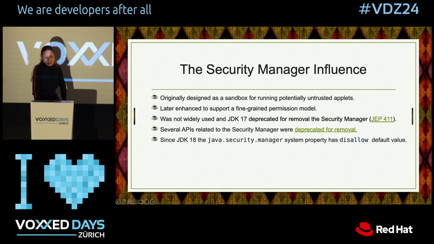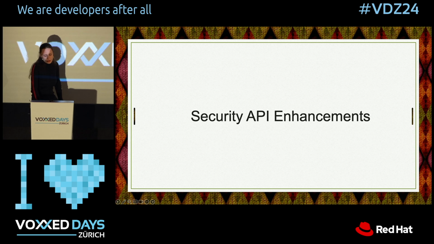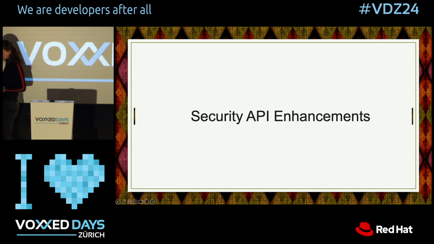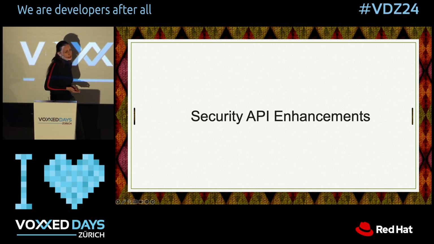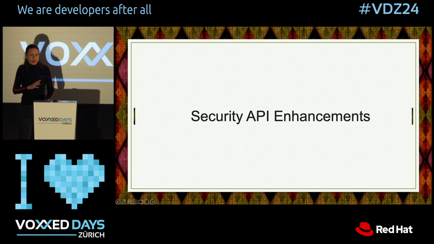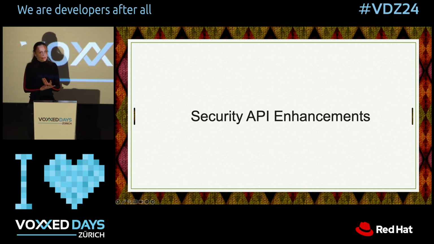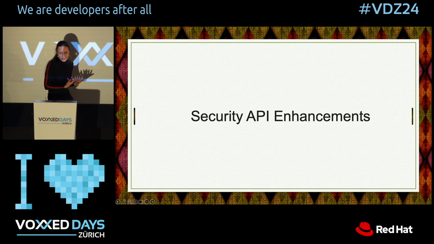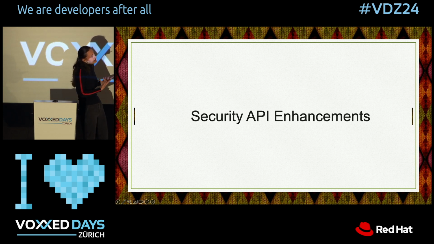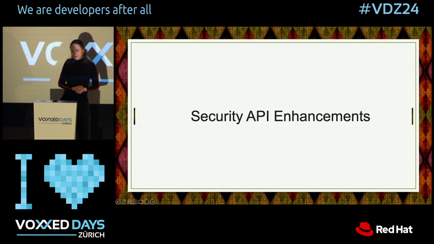It was because inside the JDK, it had some ramifications. Some security API enhancements were driven by the fact that the security manager was deprecated for removal. The JEP also said that some APIs use parts of it, even though sometimes they might not need it. But guess what? There is a connection, a dependency between them, and there is a need for some enhancements at the level of the security APIs.